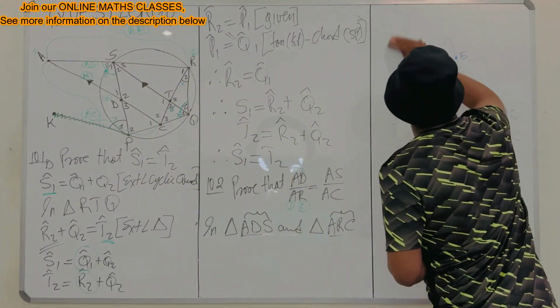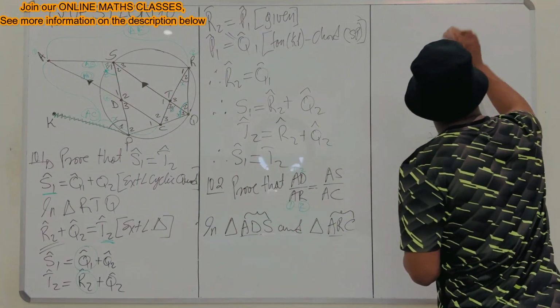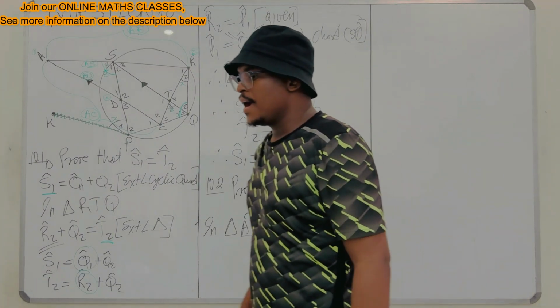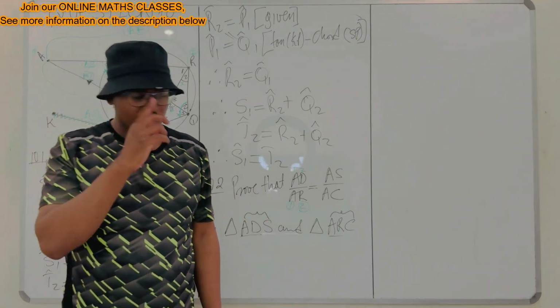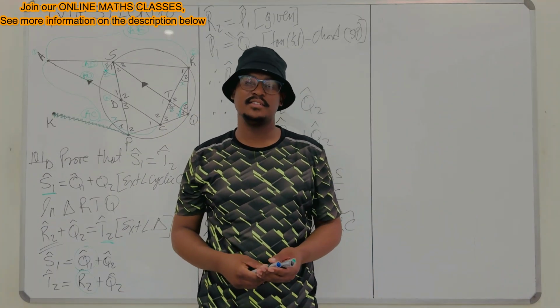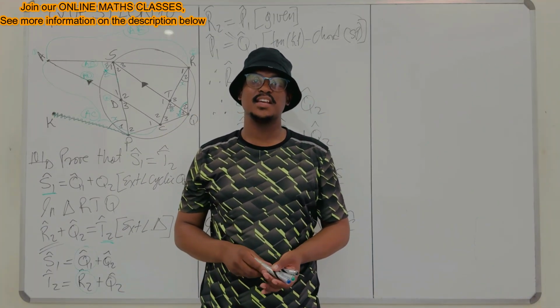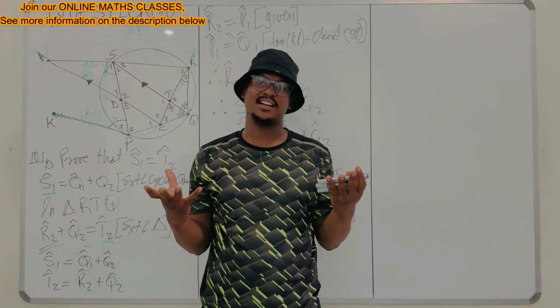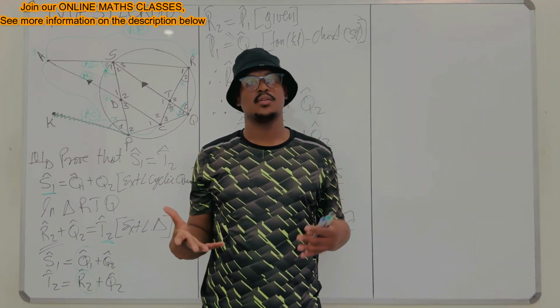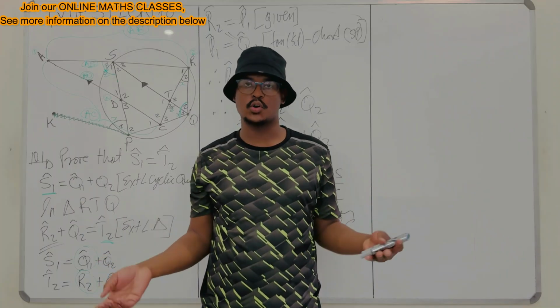So what does it mean for two triangles to be similar? Two triangles are called similar if they are scale versions of each other. So let's say you have two identical triangles. One will say they are congruent, which is correct, but one will say they are similar, which is also correct.